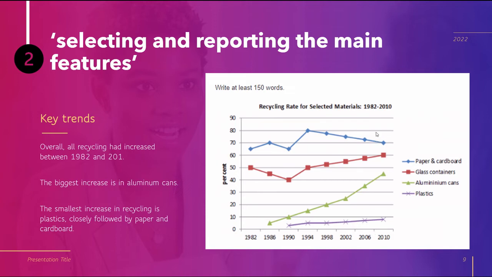The biggest increase is in the aluminium cans, which we can see here. So we identify the most striking differences, and the smallest increase in recycling is down to, as I mentioned earlier, plastics, and that is closely followed by paper and cardboard, and then glass containers.